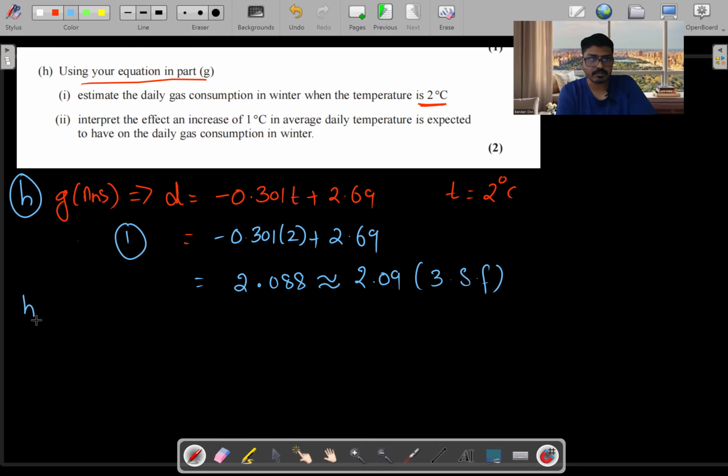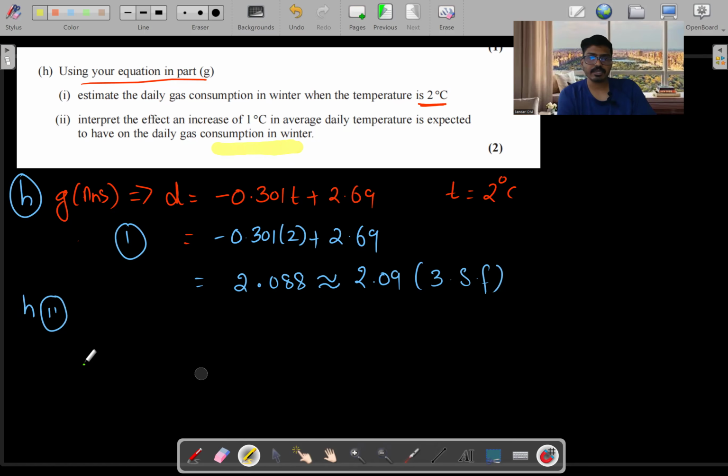Here in part H, we have a second part where we need to interpret the effect an increase of 1 degree Celsius in average daily temperature is expected to have on daily gas consumption in the winter.